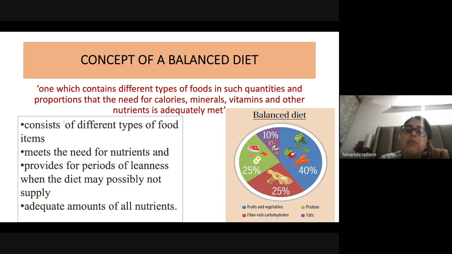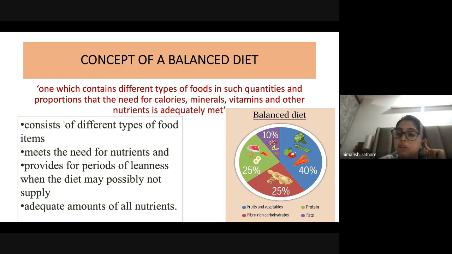A particular definition you can note down from here or from the material which is given to you. I am just explaining in the simpler form. A balanced diet first of all consists of different types of food items, because you need cereals, fruits, vegetables, fats, and nuts also. So a combination of all these food groups is called a balanced diet.